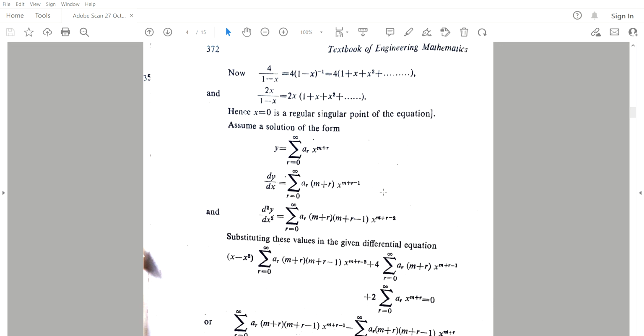Now, substituting all these values in the given differential equation, we get the equation: (x minus x square) times the series for d2y/dx2, plus 4 times the series for dy/dx, plus 2y, equal to 0. Now they have simplified that.